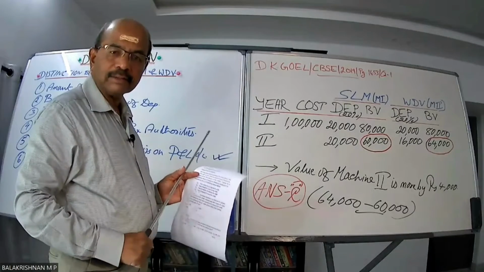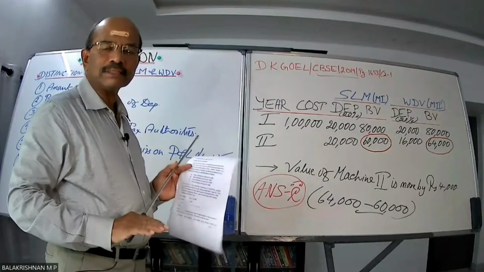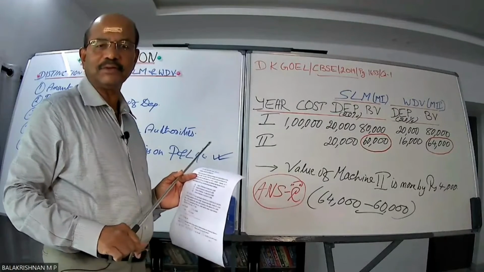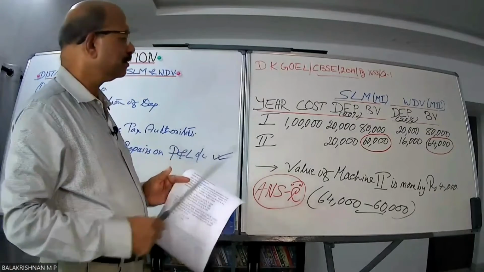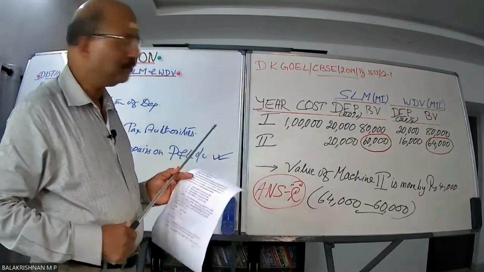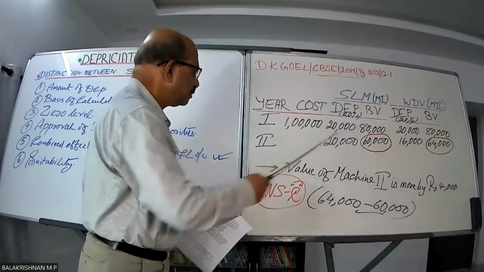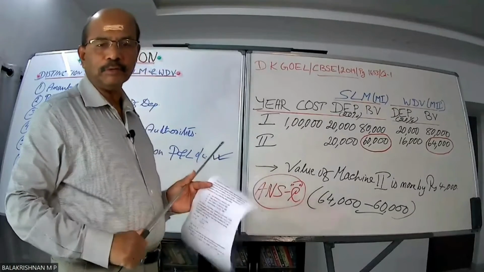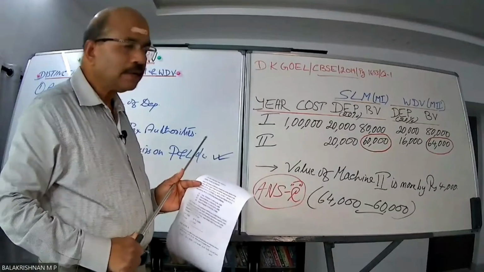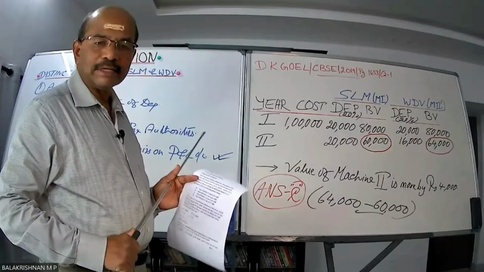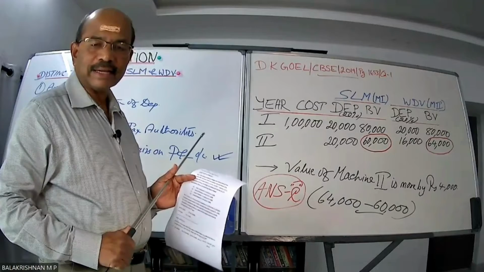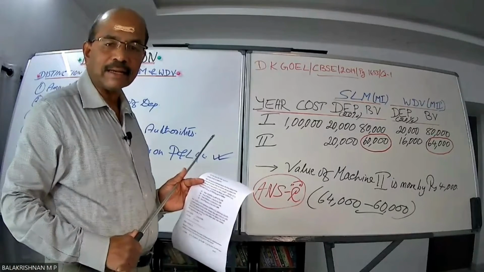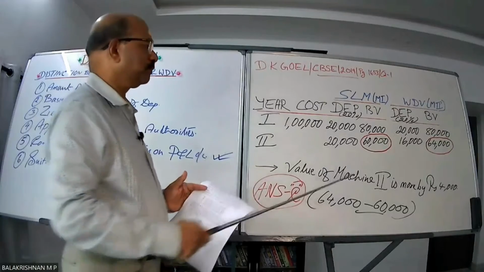Year after year, one and the same amount will be written off. We have sufficiently discussed this in the last episode. So what will be the book value? 80,000 minus 20,000, that is 60,000 will be the year end book value. Now let's examine the scenario at the second year end for machine 2 under WDB.